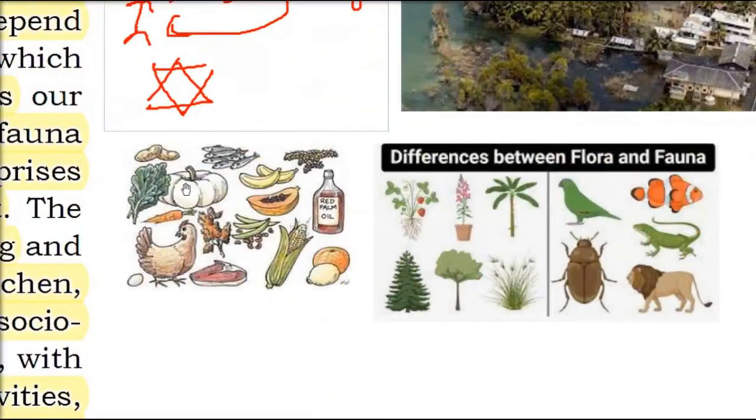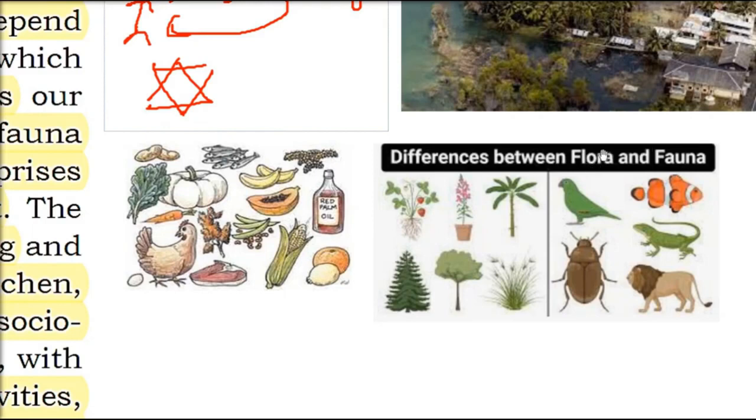So what do we need for eating? For example, we need potato, onion, cereals, fish, mutton, chicken, beef, pork, corn, oil, papaya, banana. There are so many things which we need. Everyone has an omelette or boiled eggs as breakfast. So I am talking about flora and fauna.